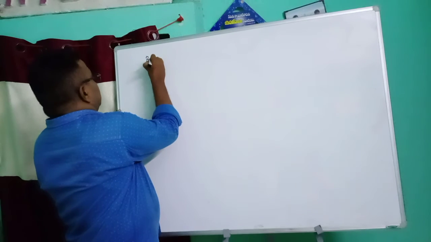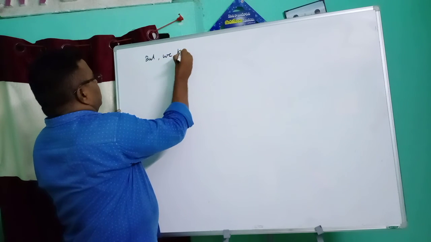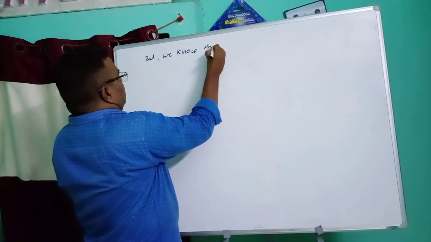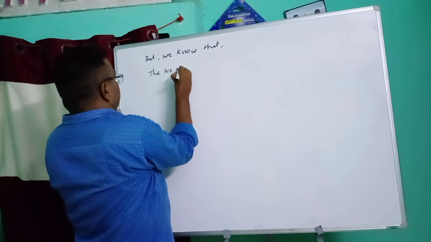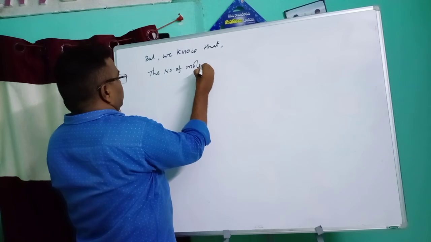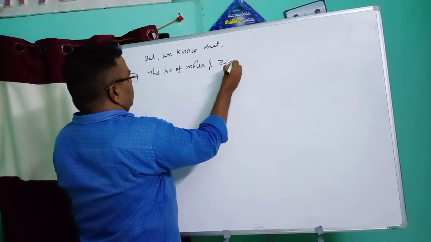But we know that the number of moles of zinc is equal to the mass of zinc in grams by the molar mass of zinc.